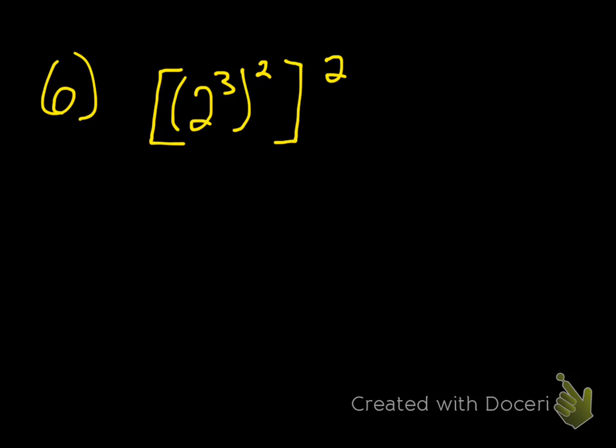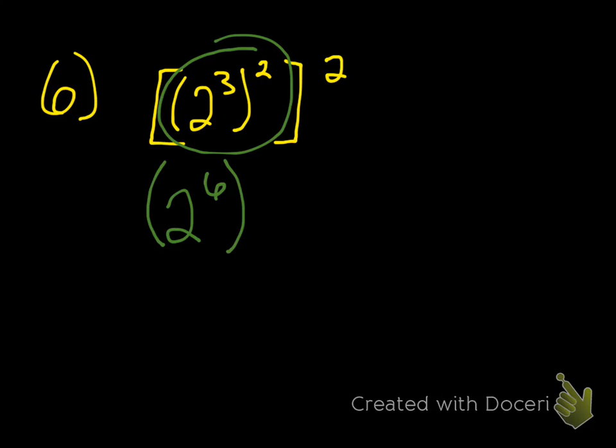All right, now this one looks scarier than it is. Basically, it's just got 3 steps. What I would do is one step at a time. The first step we're going to do is this, because you always want to do what's inside the parentheses first. So 2 cubed raised to the 2nd power is the same thing as 2 to the 6th power. Now this is inside the parentheses, and we are going to square that.